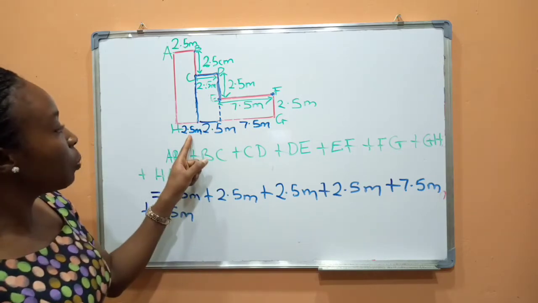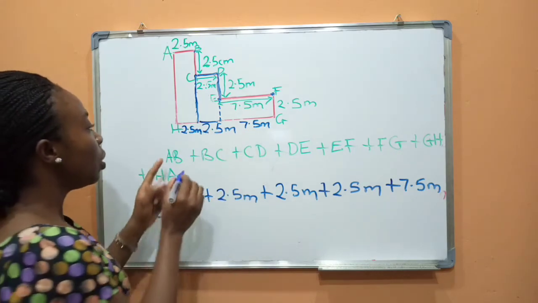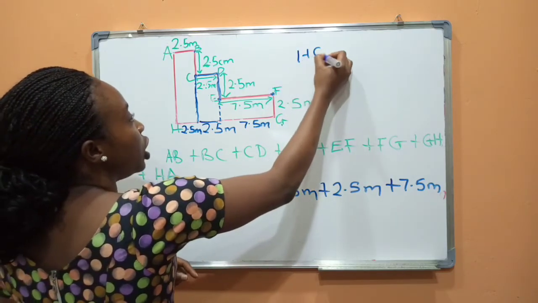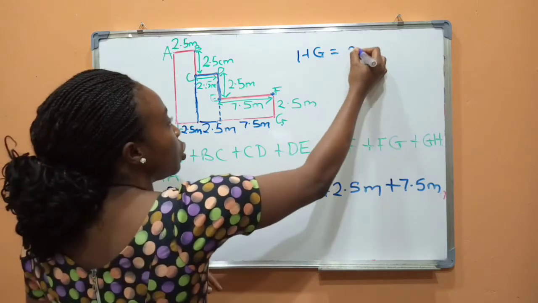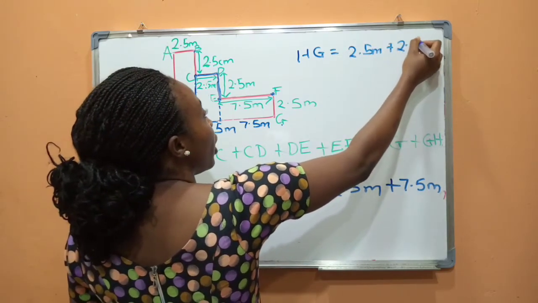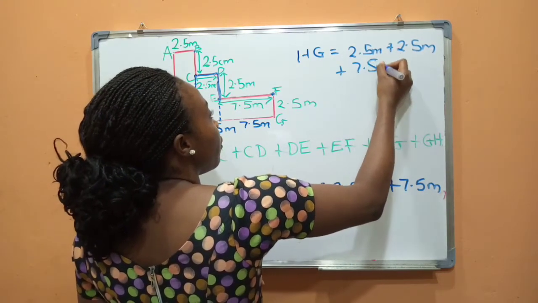So we now have 2.5, 2.5, and 7.5. So in order to know the length of HG, we are going to say HG is going to be equal to what? 2.5 meters plus 2.5 meters plus 7.5 meters.